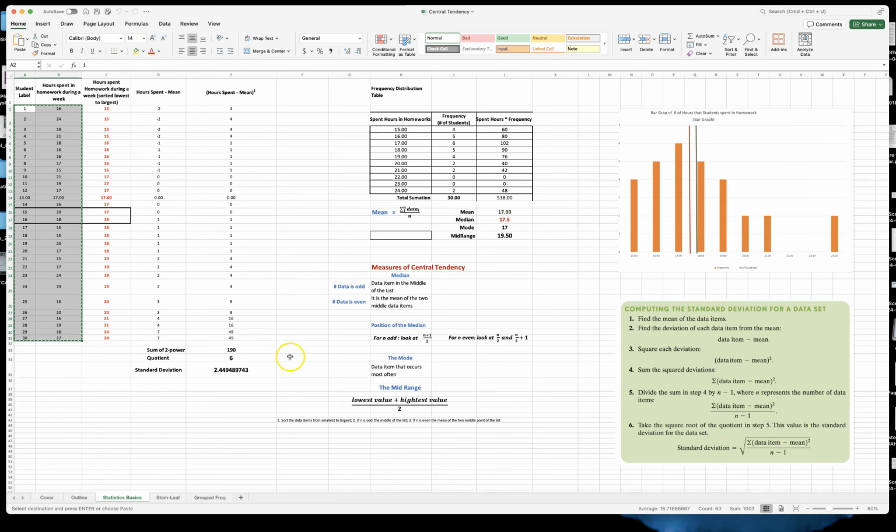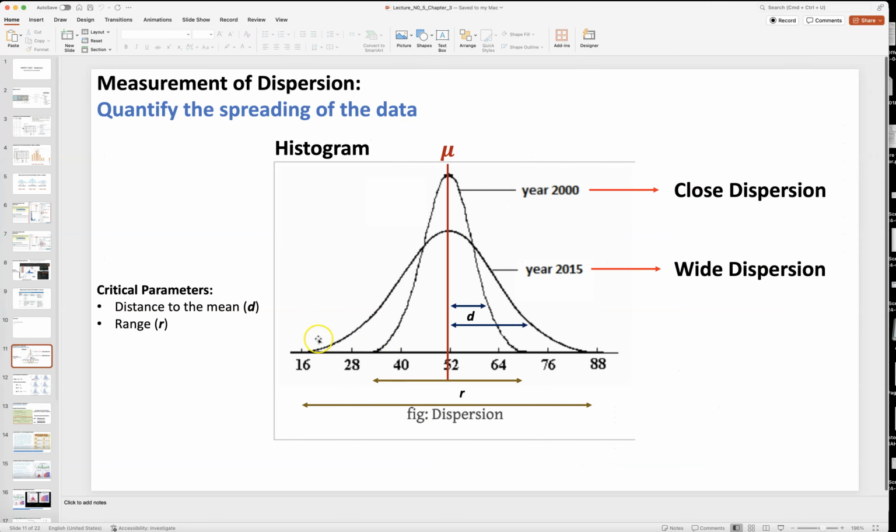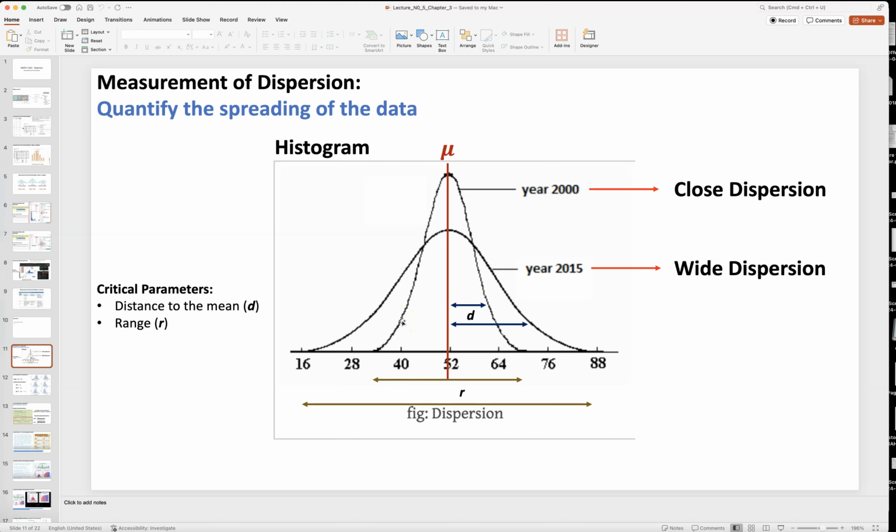We have a sketch in this presentation. This curve here, which is a histogram, represents some data, and the second curve represents another set of data. So which of the two sets of data is more dispersed?